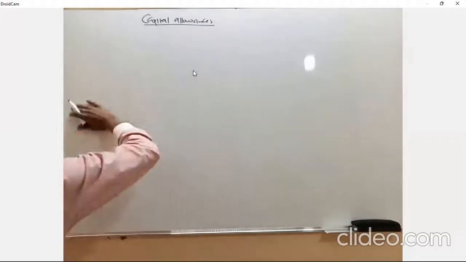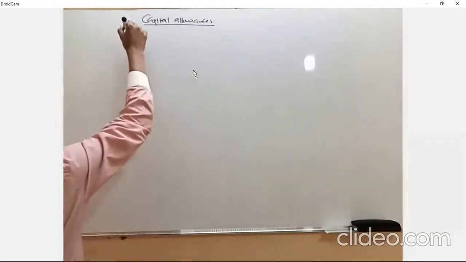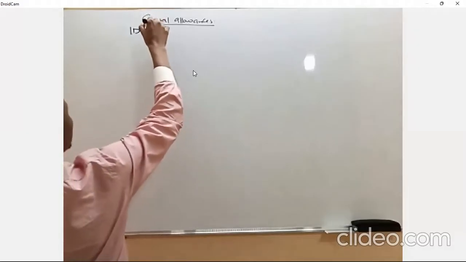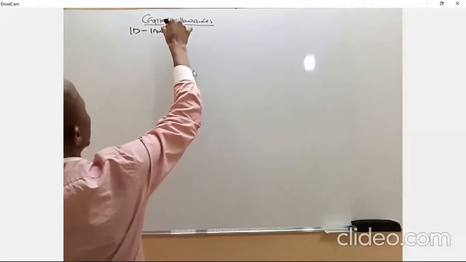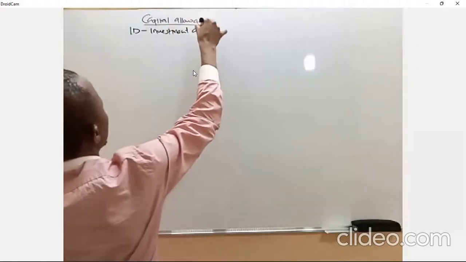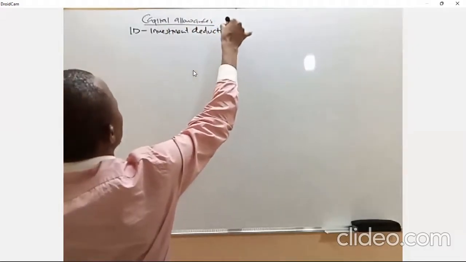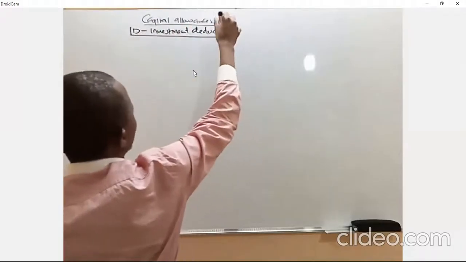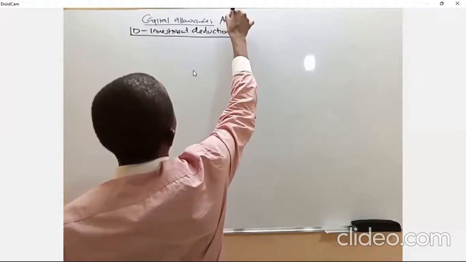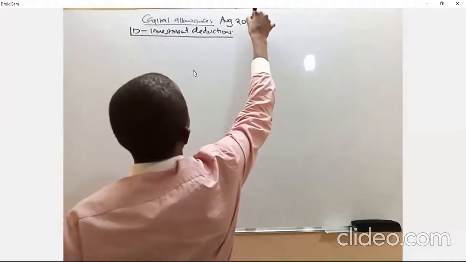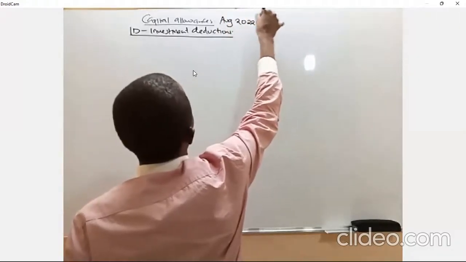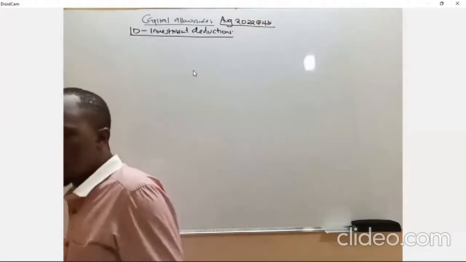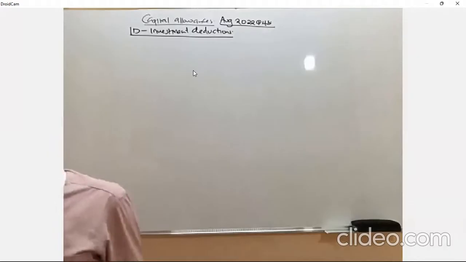So let us start with the computation of the ID. Here we are discussing investment deductions. And remember very well, you are doing a question for August 2022, question number 4B. Now, the format which you're supposed to be using is very clear.